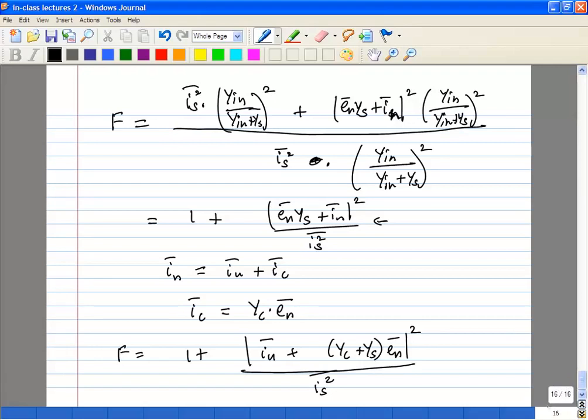Now, what do we know about these two terms? Once you have split the current into correlated and uncorrelated parts, we know that Iu is totally uncorrelated with En. So now you can separate the terms inside the modulus. Is that clear? Oops, let me write it on the next page. It's easier.